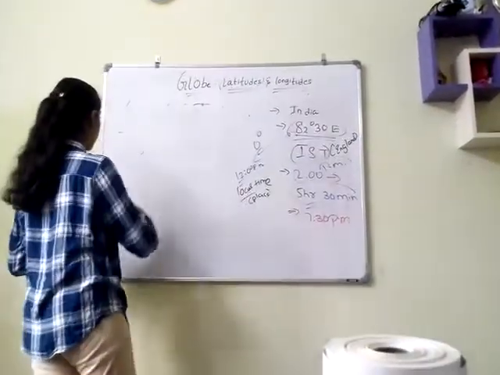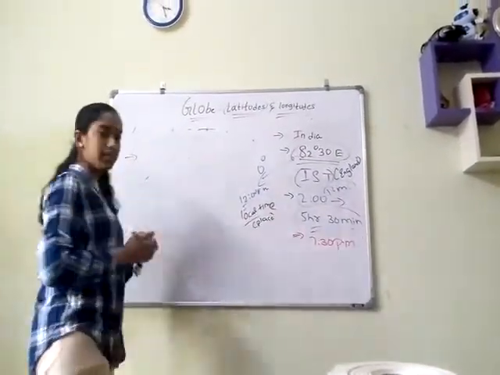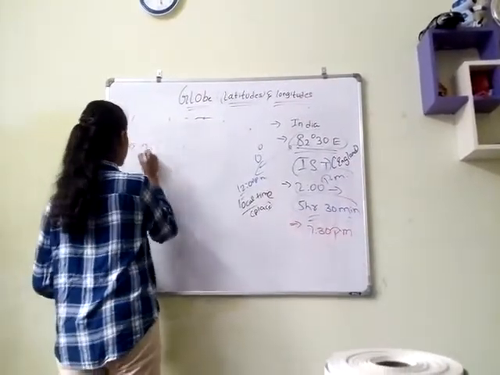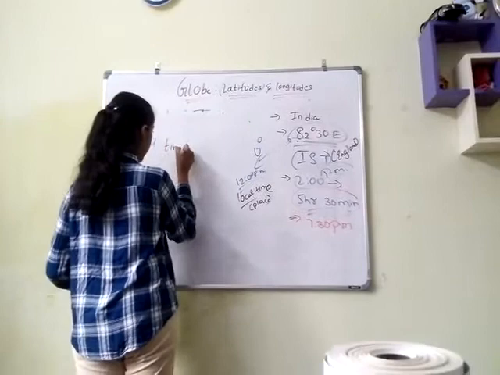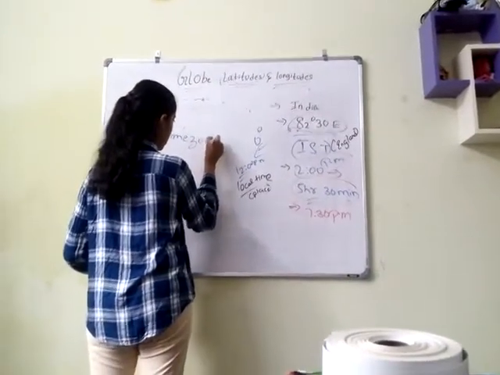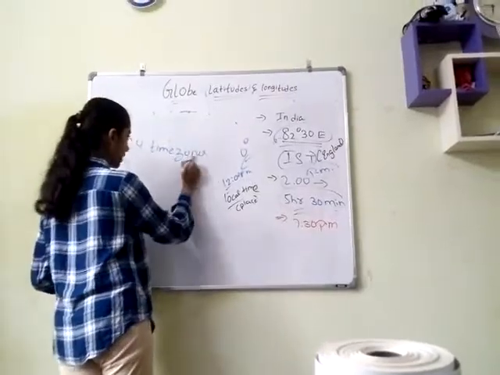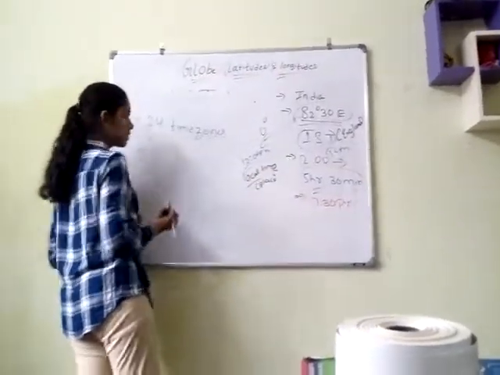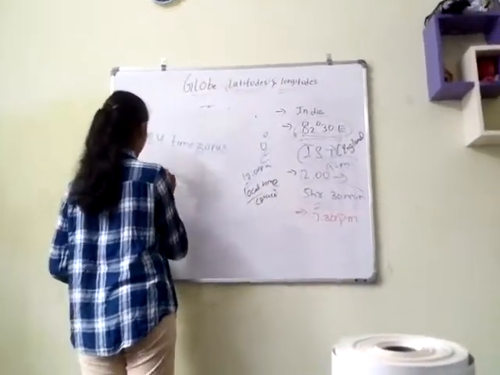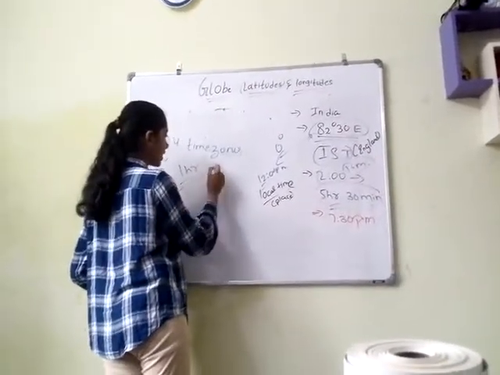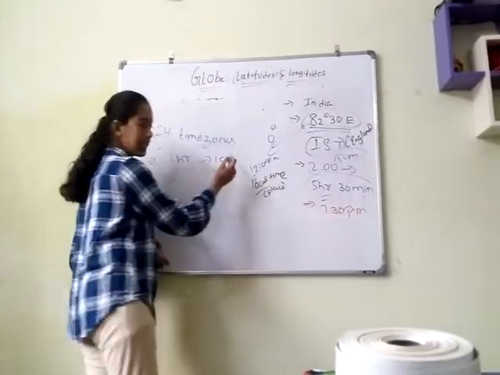I would like to say one more point: our total Earth is divided into 24 time zones, each of 1 hour. That means for every 1 hour, Earth moves 15 degrees.